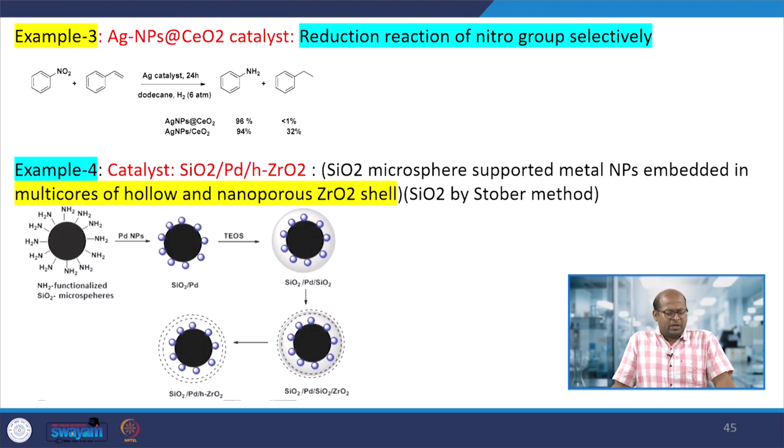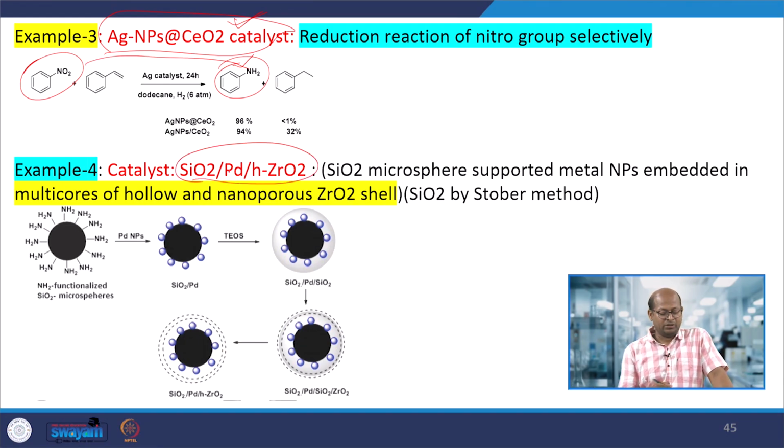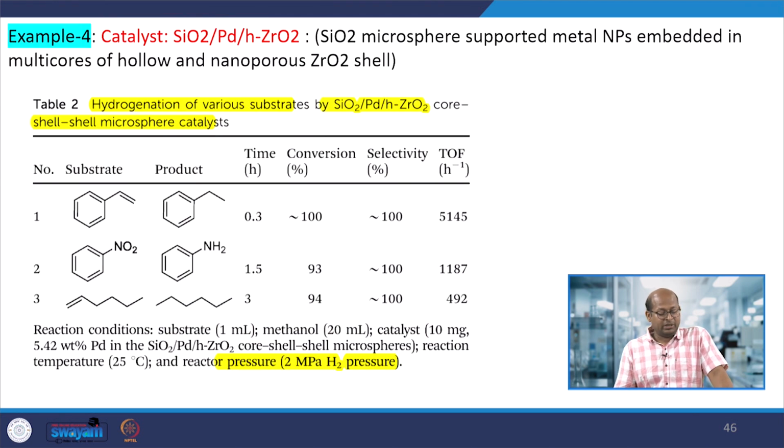Similarly, for some other reactions, here with nitrates we have taken silver nanoparticles with ceria, and that catalyst can be used for hydrogenation, that is, reduction reactions, nitrate to amine formation. Here also, by core-shell methods we can prepare silica, palladium, zirconia catalysts, and that can be used for different types of reactions.